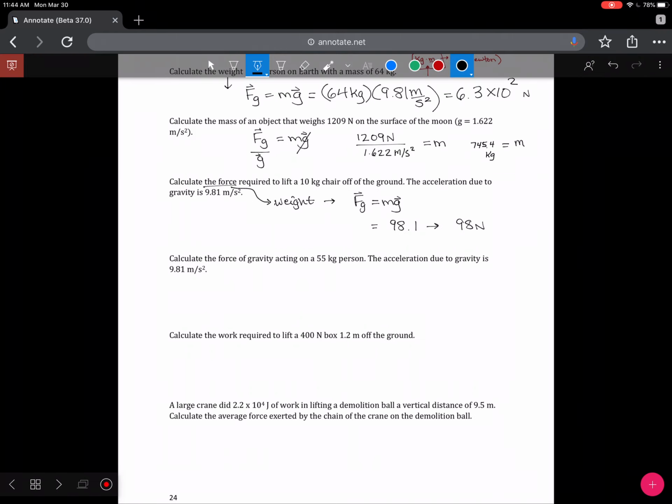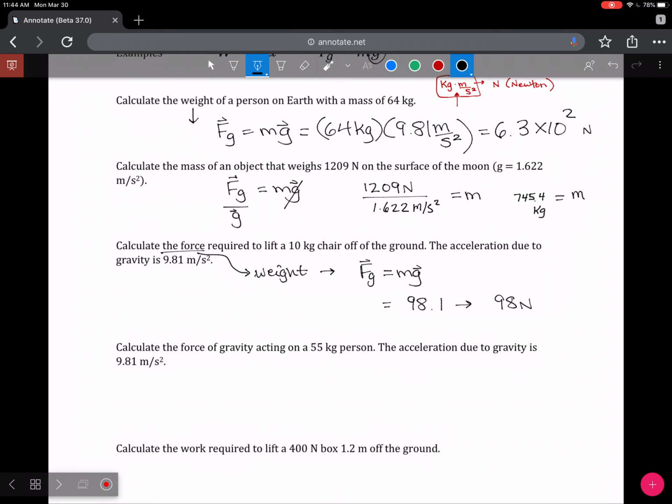Now, remember, force is a vector, so we have to be careful here. So the weight of a person, let's go back to the beginning. The 6.3 times 10 to the 2 newtons, that's going to be down. The force required to lift, that would be up. So it would be equal and opposite to the force down.